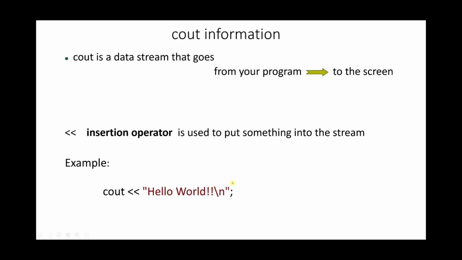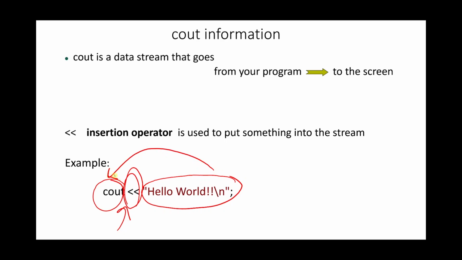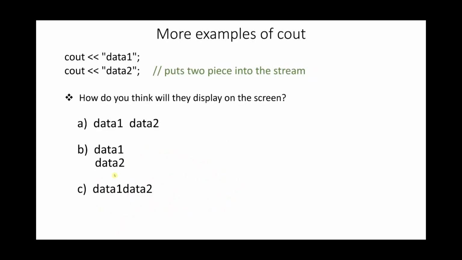Like if we have this string, remember that a string is anything enclosed in double quotation marks. Now, if we want to send that out to the output console, then we use cout and we use the insertion operator. Cout is our output stream, and the insertion operator is the operator that puts the string into the console.